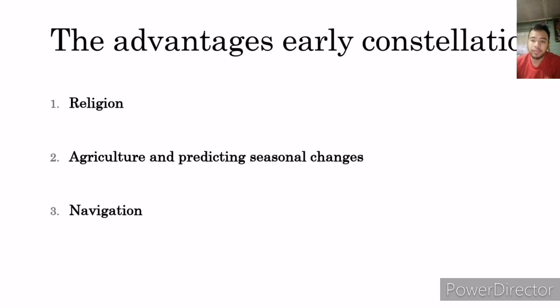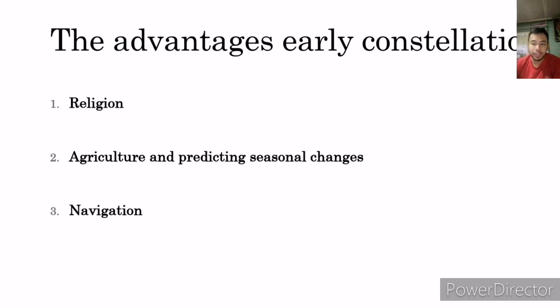Next, we have agriculture and predicting seasonal change. Before that, people had no way to decide when to sow or harvest except by the stars. Constellations made it possible to remember the star patterns. For example, people of ancient times knew that winter was coming soon when the Orion constellation became apparent, or the summer triangle could be interpreted to know when summer or spring was coming.